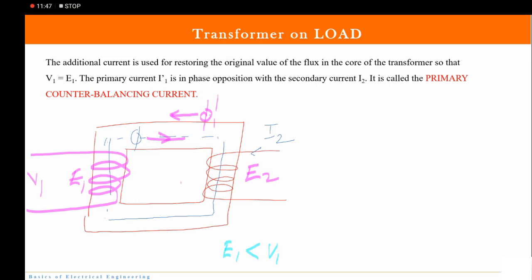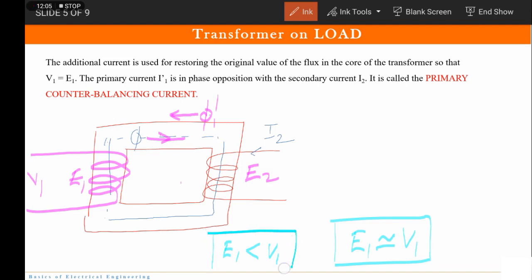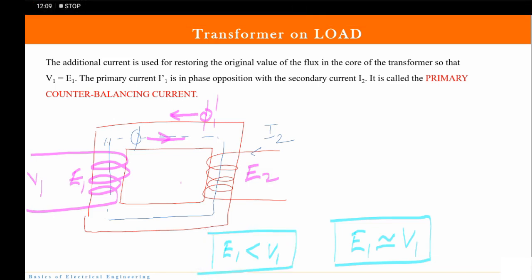Why? Because of the potential difference. Under normal condition, E1 is almost the same as V1, so there is no potential difference and no additional current flows. But because of this special condition, there is a potential difference. Whenever we have potential difference, current starts flowing.